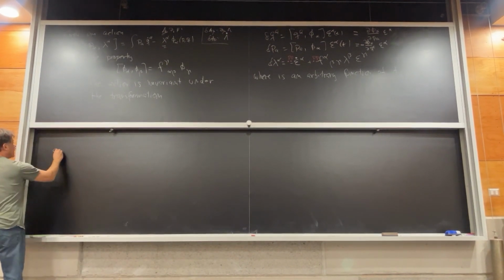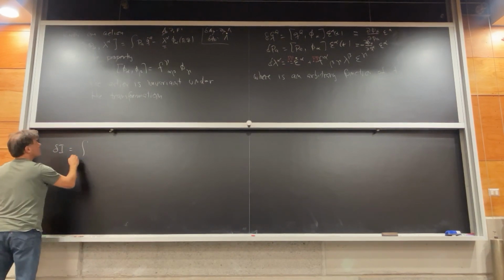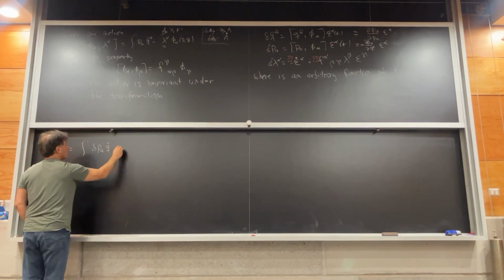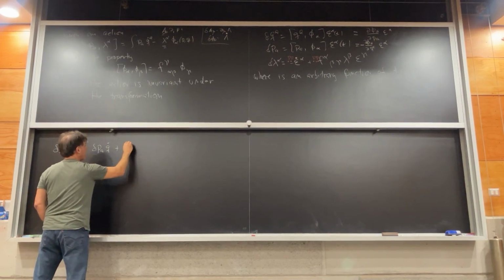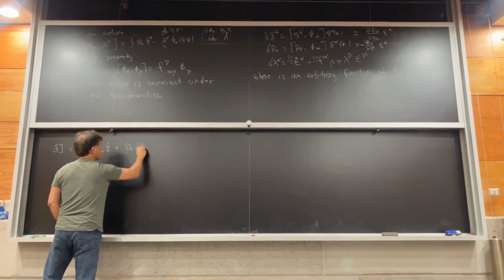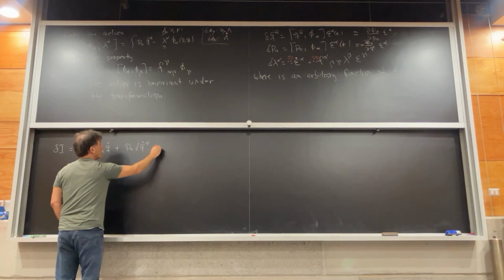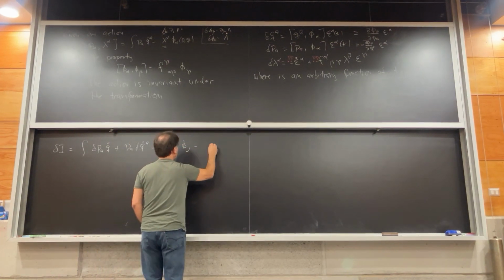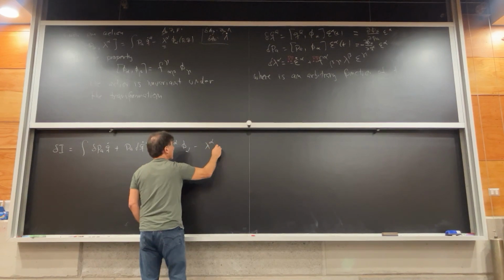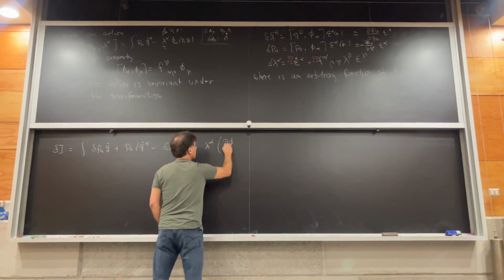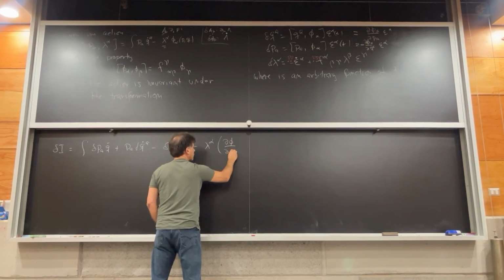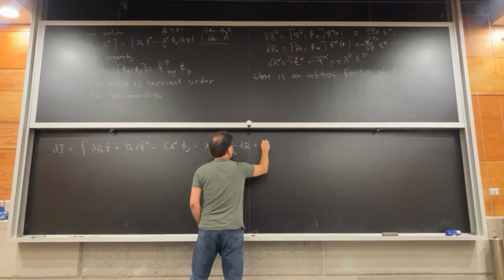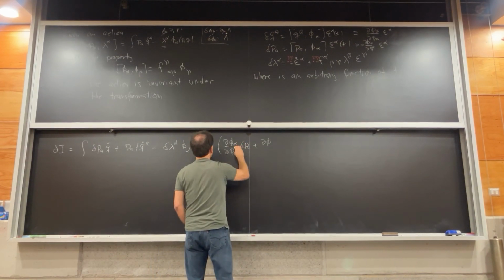I have to consider the variation of the action. So I will have the variation of q times q dot, plus the variation of q, plus the alpha minus, and here I will write lambda alpha, so I will write immediately the derivative with respect to the p's, delta p, plus this alpha here.